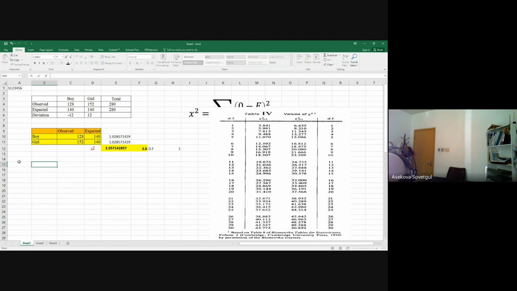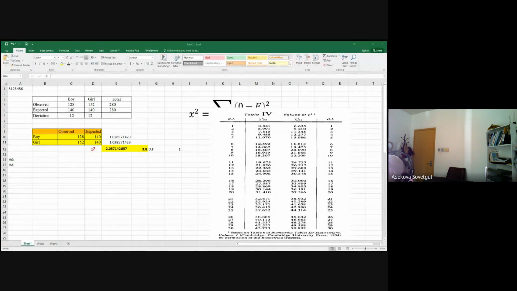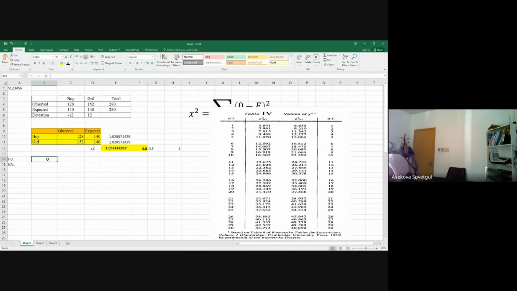Let me write down here the null hypothesis and alternative hypothesis. So what is our null hypothesis saying? The simple way to say it is that the observed and expected values are equal to each other.